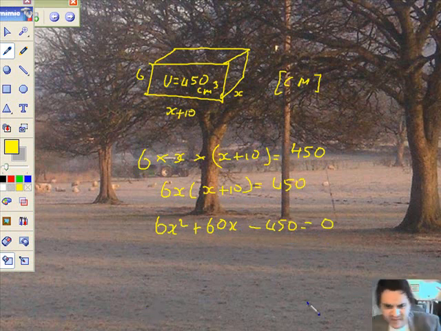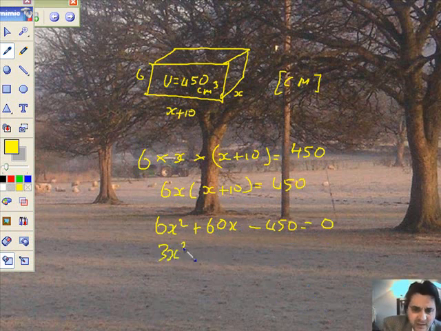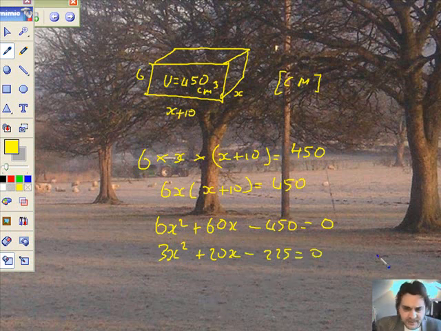Can that be factorized? I haven't got a clue. I'm going to halve it for a start. Start somewhere. So 3x squared plus 20x, take away 225 equals 0. Does 3 go into 225? 3 75s? Yes, I've got it. 2 75s are 150, 3 75s is 225. Therefore, divide by 3.